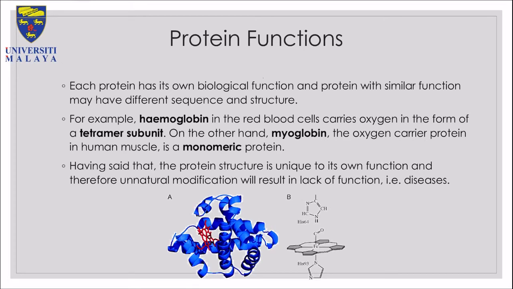Each protein, regardless of its biological function, can be in the form of an antibody, this is just an example, or a transport protein, or something like an enzyme. These are all categories of proteins, and of course each has a different function.